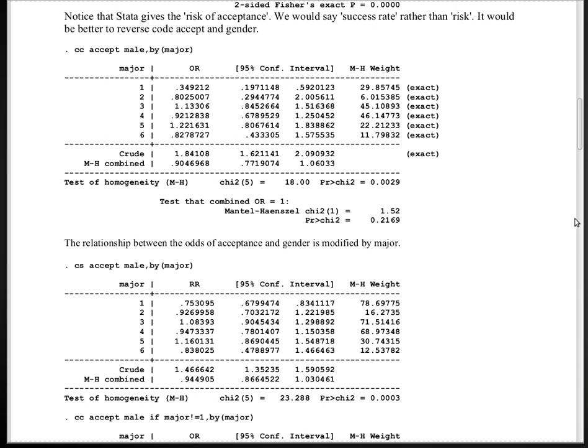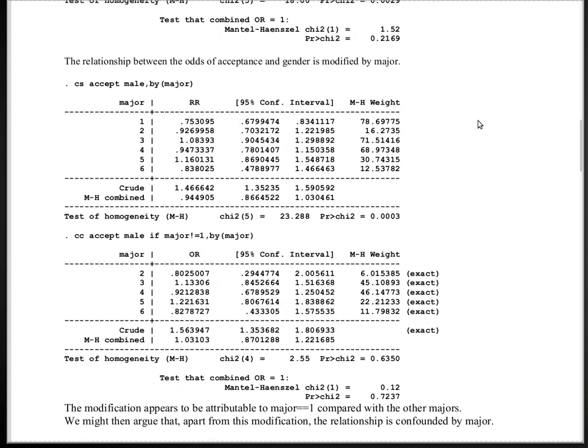Now, you might also perhaps note that the very first displayed major here has a very low odds ratio and a very low risk ratio displayed here, that there's some indication perhaps that this modification might be largely attributable to the very first major, coded 1.